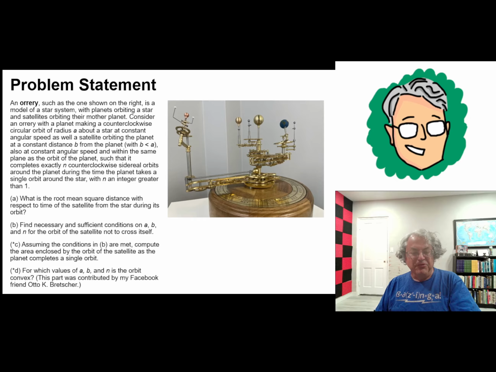And by the way, you might be interested in knowing that the orbit of the moon around the sun turns out to be convex. Although I think all the other moons in the solar system have concave, or at least part of it is concave. I just thought I'd mention that. So anyway, that's a statement of the problem.